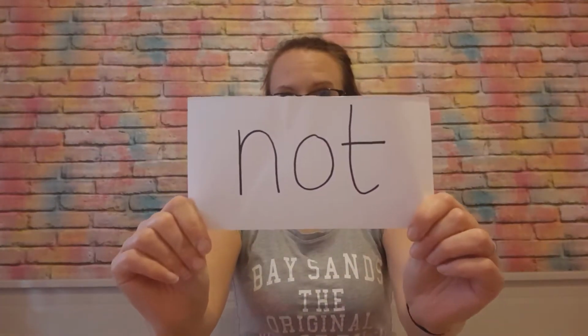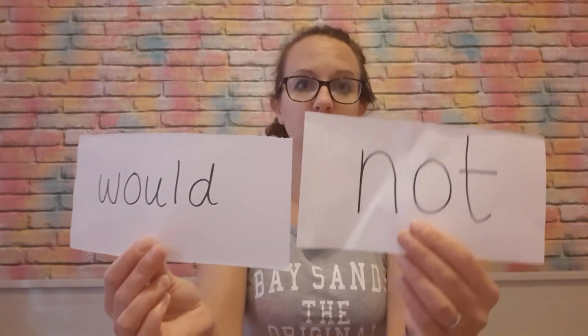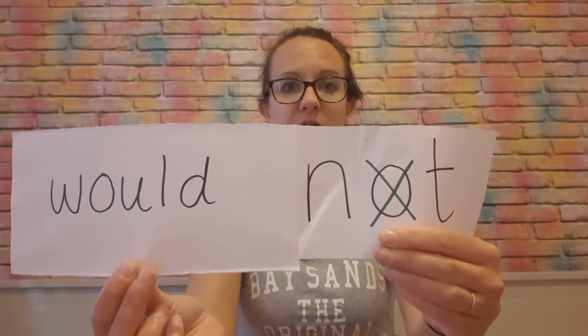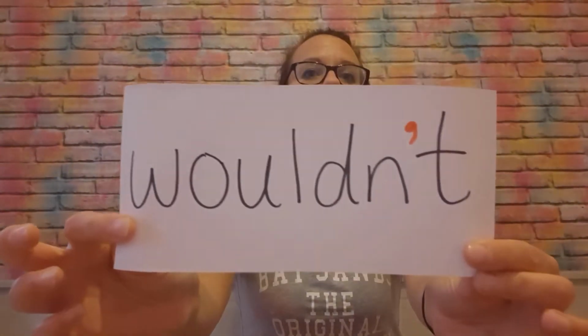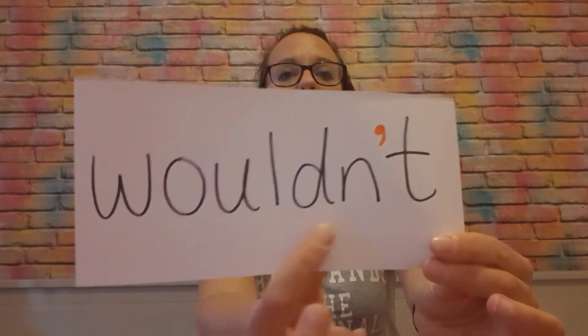Now, when they go together with not, so if we have would not, so we might say something like the girl would not listen to the teacher. Would not, we can take that O away and we get this, and this says wouldn't.